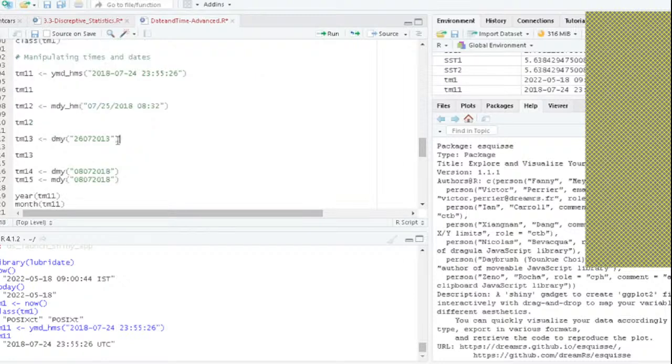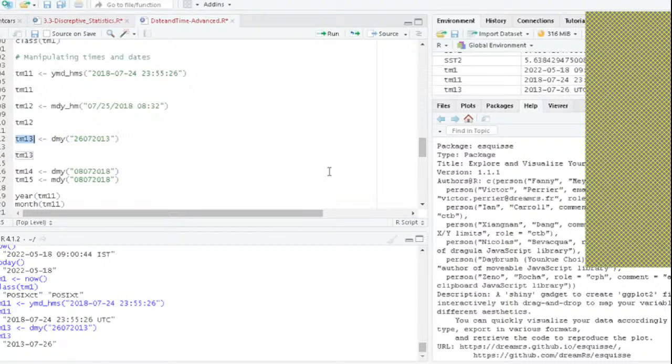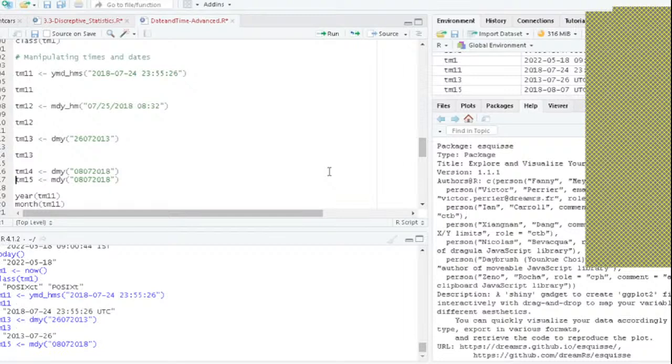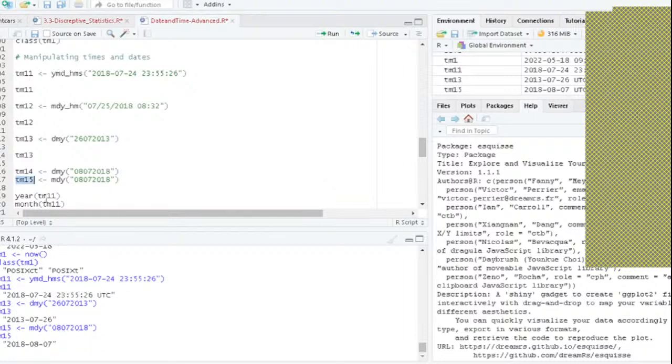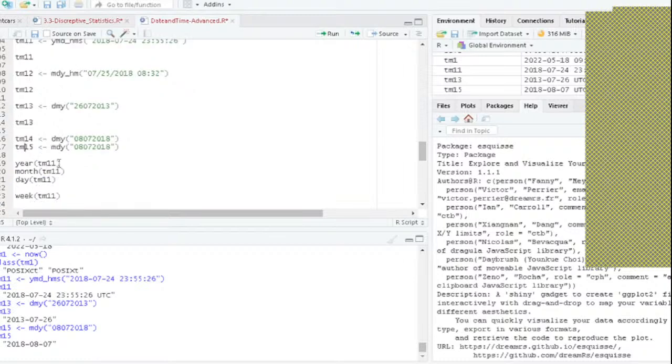Sometimes from the systems you get dates without any slashes, right? I can still convert them into proper dates, right? By mentioning DMY, or even I can mention MDY. If I mention MDY with the date, it's going to pick up and convert it into a proper date format.